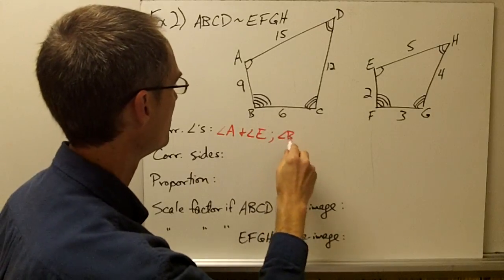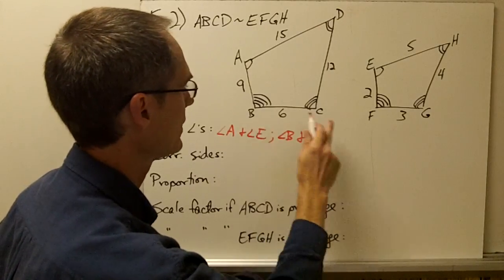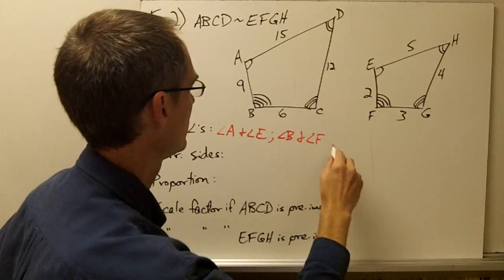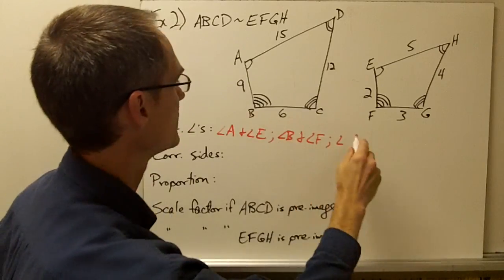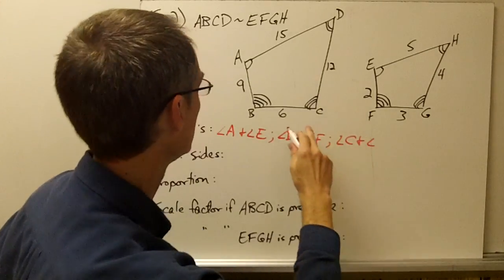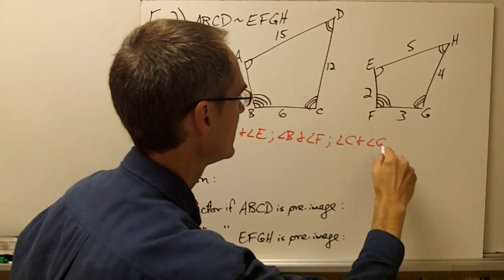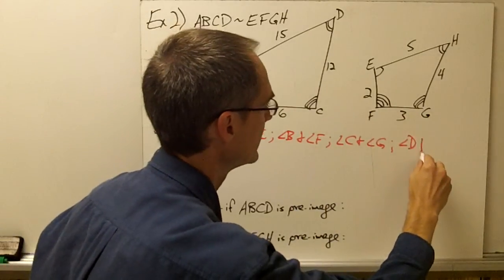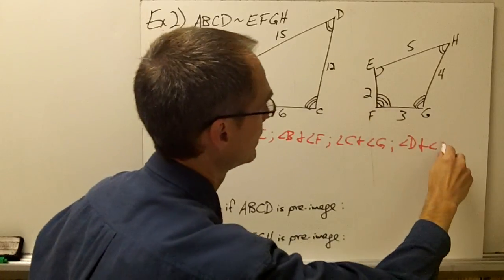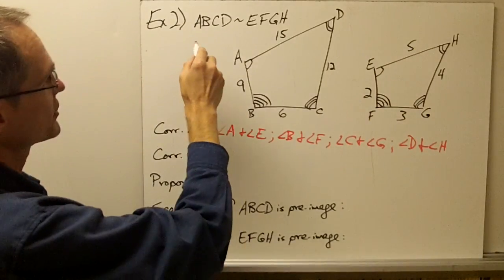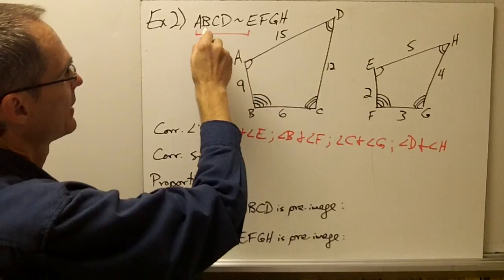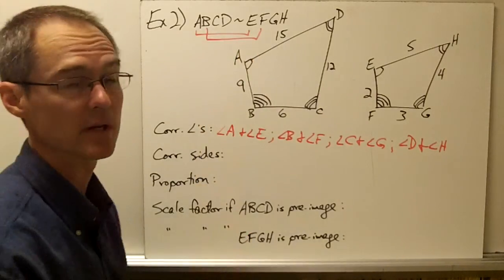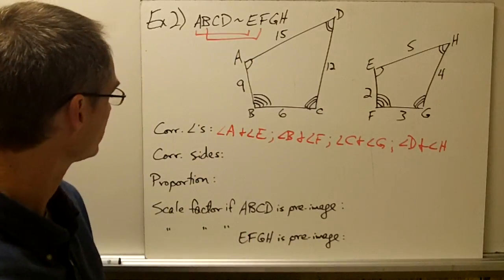Angle B and angle F, angle C and angle G, and angle D and angle H. And I could also have done that by matching up my angles up here in my similarity statement.